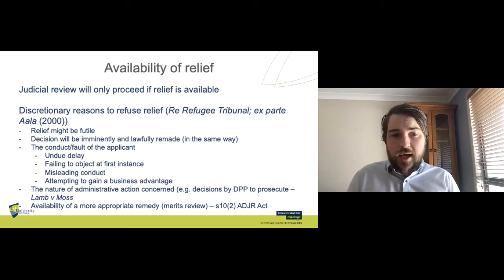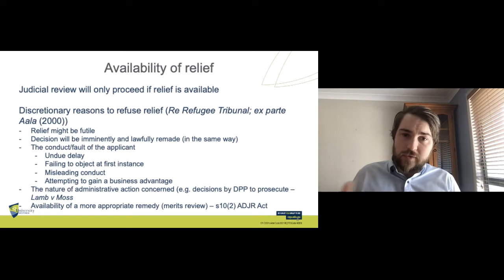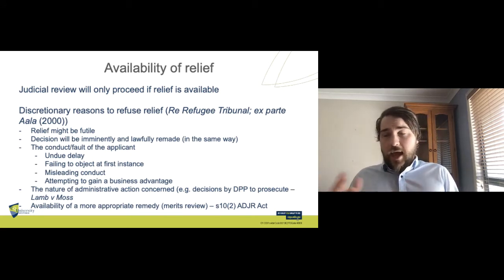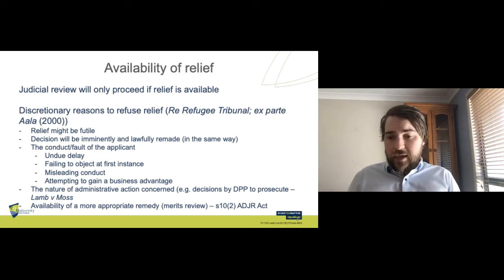The court might also refuse relief if the decision will be imminently and lawfully remade in the same way. So, yes, maybe a decision maker denied the applicant procedural fairness. Maybe they failed to take into account a relevant consideration.